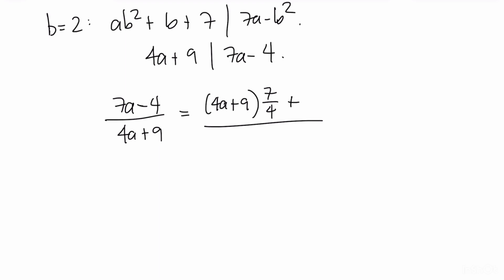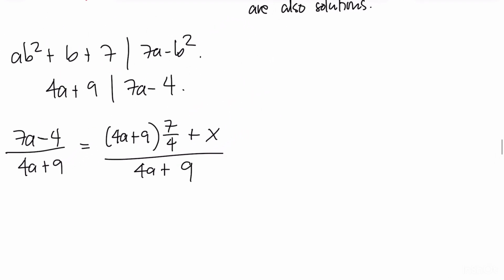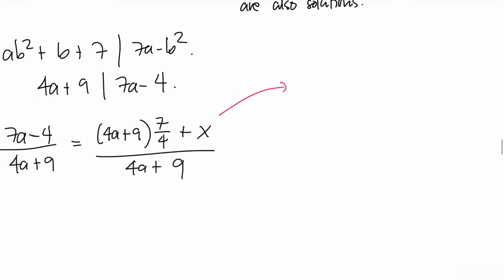plus something. I'm just gonna call it x first, because it's not clear to me what x is. I'm gonna do some algebra here. So 9 times 7/4 plus x must be equal to -4. So x is equal to -4 minus 63 over 4.